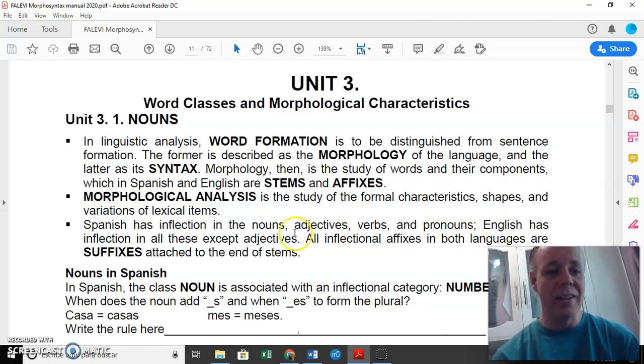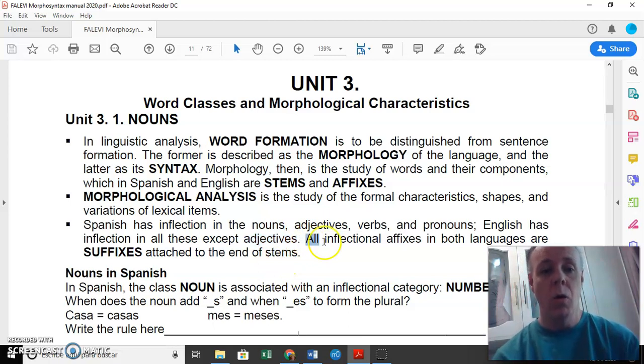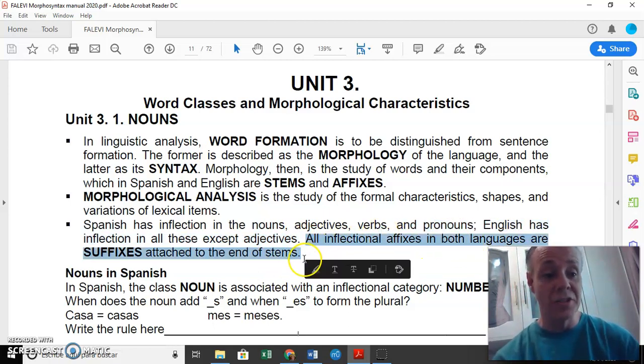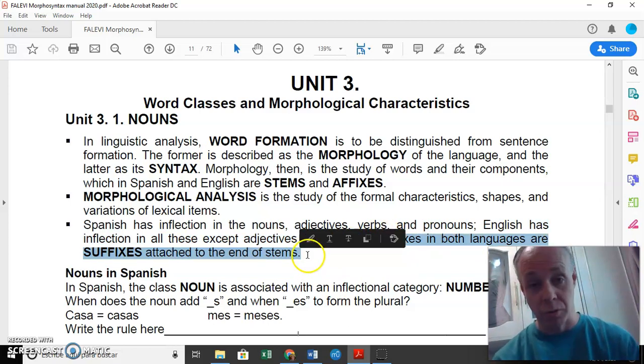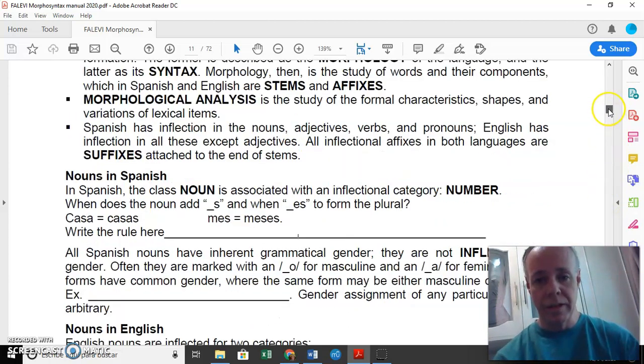And English has inflection in all these except adjectives. Why? Because we will see that adjectives in English remain invariable. Okay? All inflectional affixes in both languages are suffixes attached to the end of the stem. What I told you. Okay? Alright, let's continue then. Let's move on.